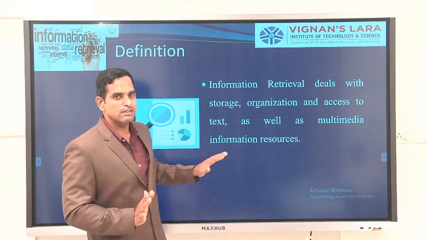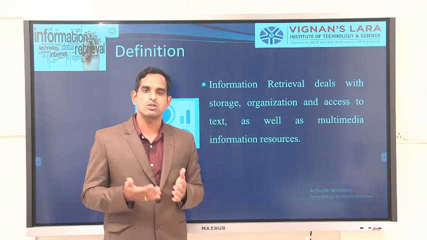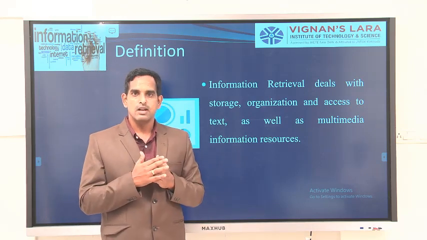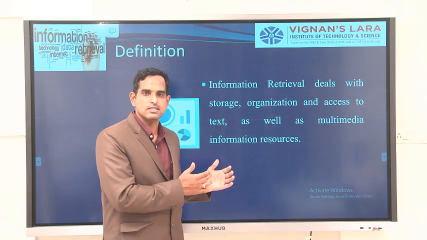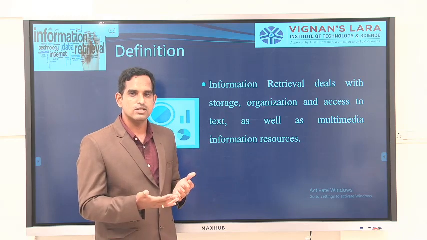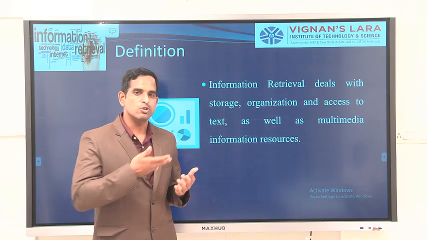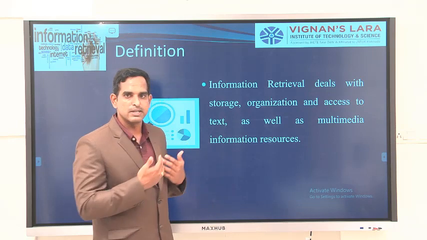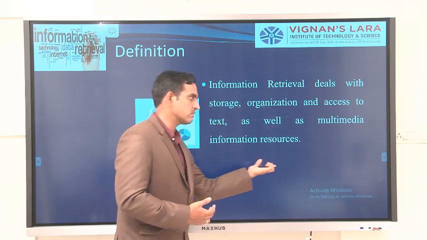So an information retrieval system is all about gathering resources from a large number of places, storing them in one place, and organizing that storage so that whenever you want to access it, you can easily access that particular file. So this is the definition of your information retrieval system.